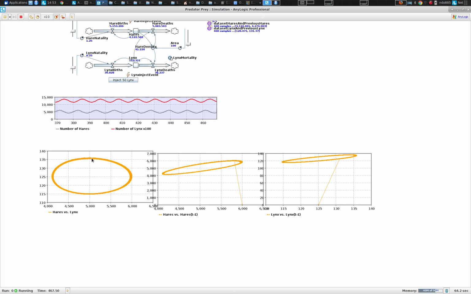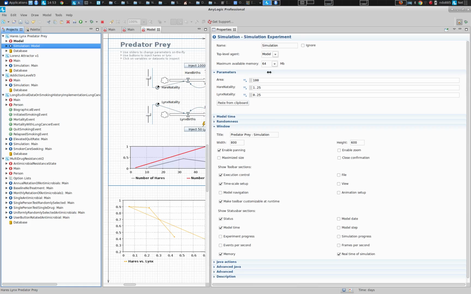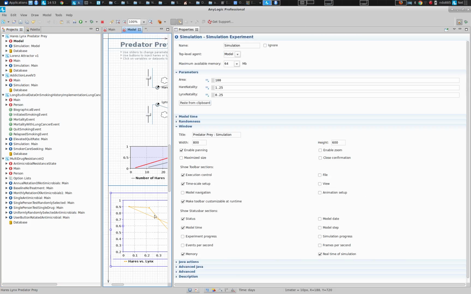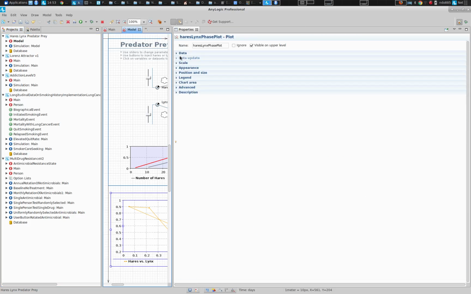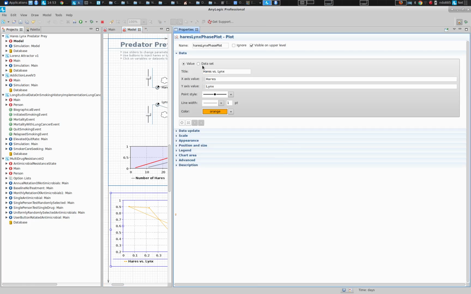The maximum number of lynx appear to exist when we have a moderate number of hares here, okay? This is the maximum and this is the minimum. So this is depicting the state space of this model by showing hares versus lynxes. And if we look at it here, we'll find that's how that graph is defined: hares on the x, and on y we have lynx.